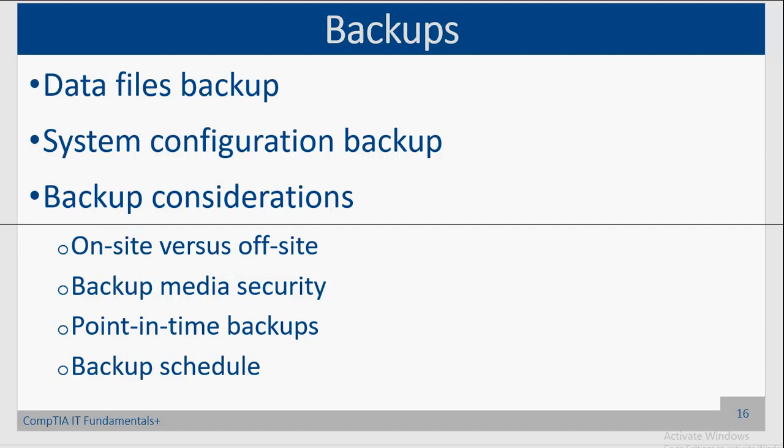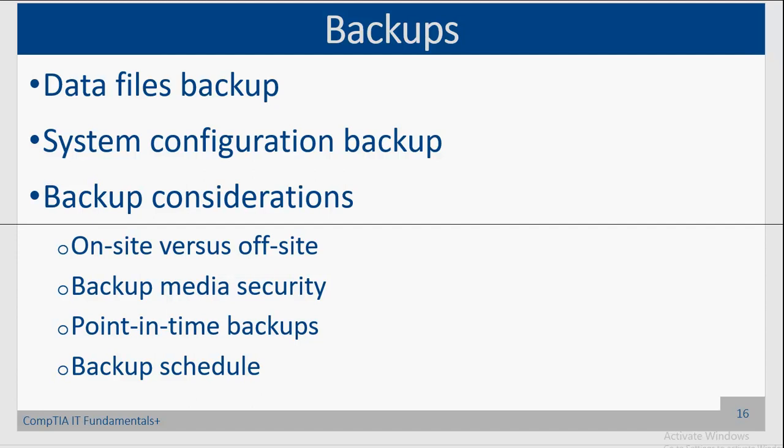Again, when you back up, one consideration should be whether you are going to back up on site versus off site. Most companies must have a backup off site, because if the building where a company is located has a fire or a storm and you lose all that data, you could be in big trouble.